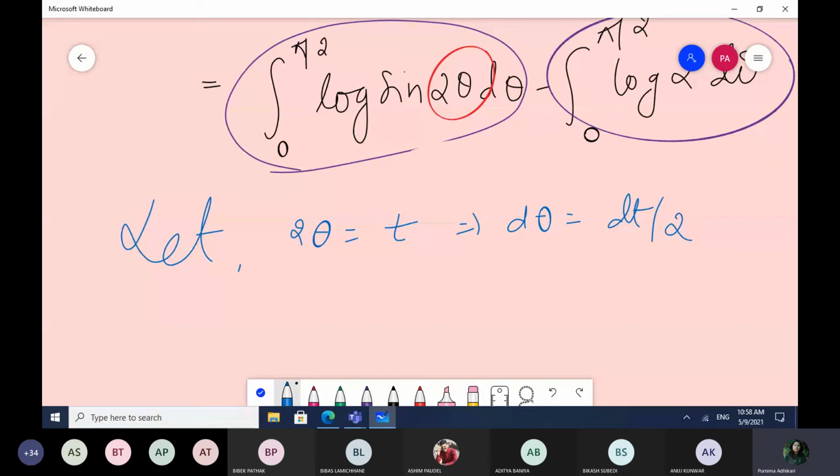Is it? Yes. And what will be your new limits of integration? When theta is 0, t is 0, so 0 is your lower limit. For the upper limit, when theta is pi by 2, your t will be pi. So your new limits of integration are 0 to pi.